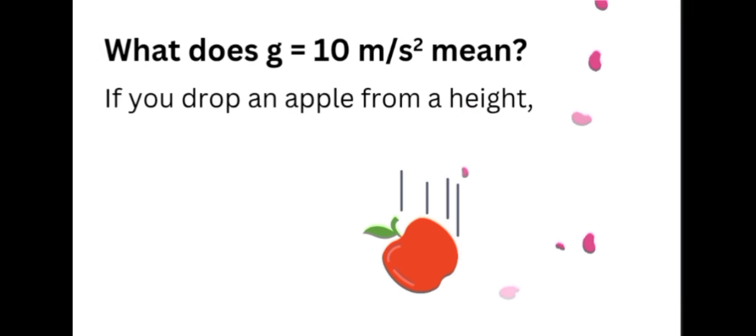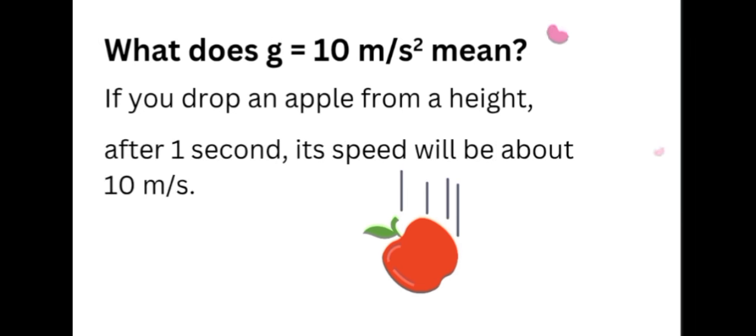If you drop an apple from a certain height, after a second, its speed will be about 10 meters per second. 2 seconds after, the speed is 20 meters per second.